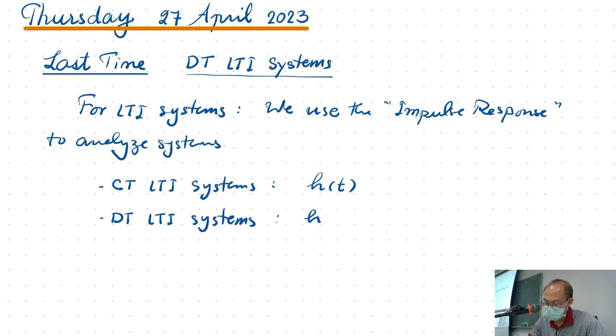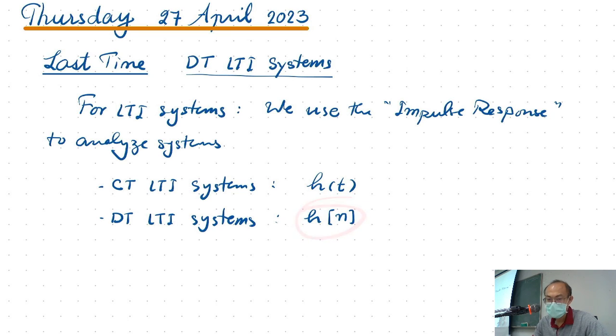as the impulse response. Now, what follows h depends on the type of the system we're looking at. If it's a continuous time, then it would be a parenthesis t, where t represents the continuous time. If it's a discrete time, then we're going to use brackets here, and inside the bracket is the integer n, which represents the sequence number of that sample.